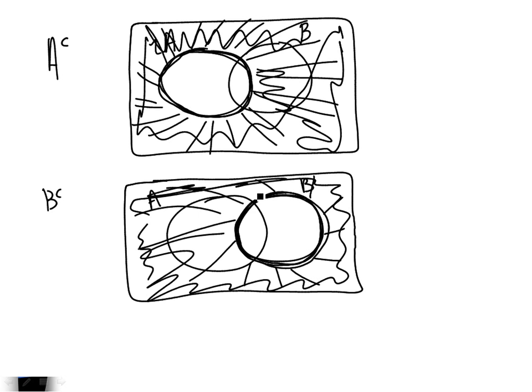Alright, let's get to some real shading examples. What if you were given A complement intersection B complement?